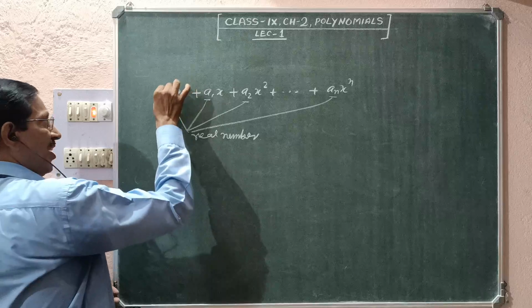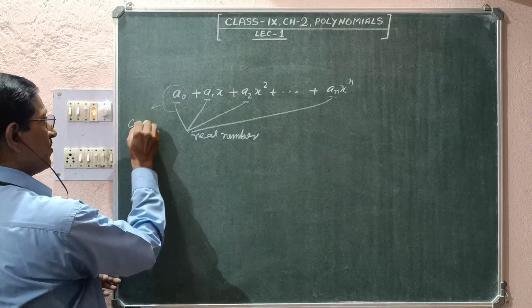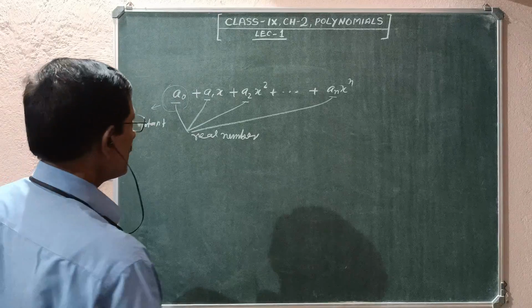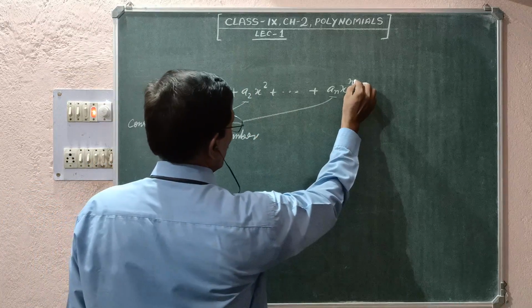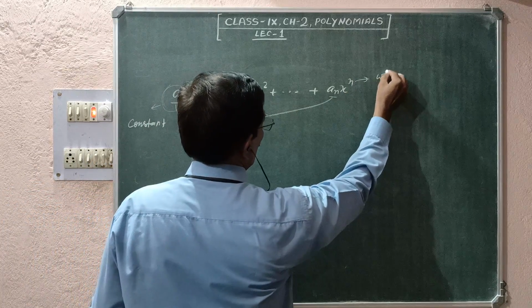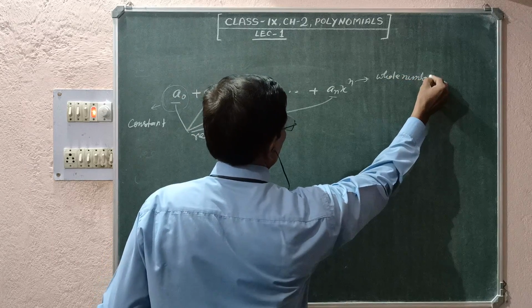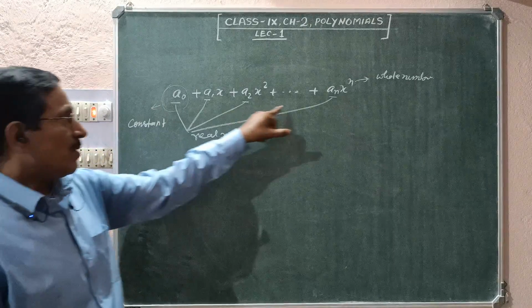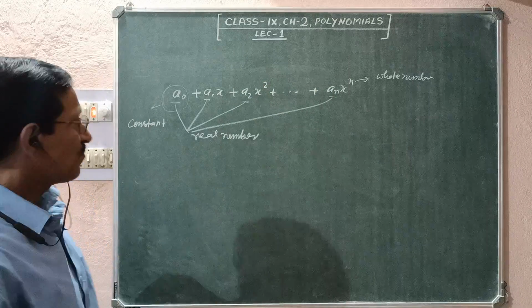And especially a0 is known as constant. And the power of the variable x, n, is a whole number. So such type of expression we will study in this section.